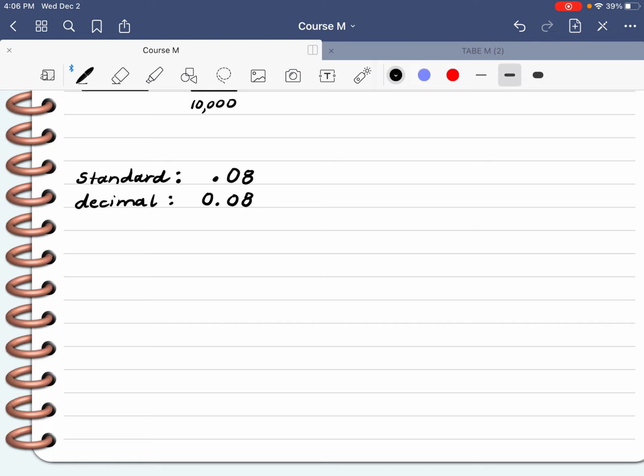Same value, doesn't change the value. Let's do scientific. So we have an 8, always times 10 because our number system's based on 10, and this is 2 behind the decimal, to the -2.